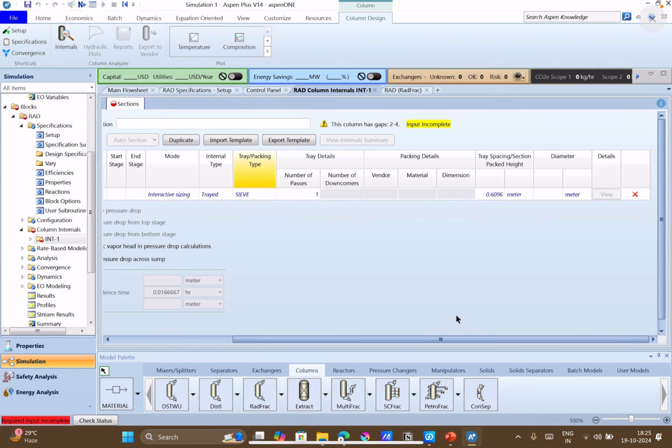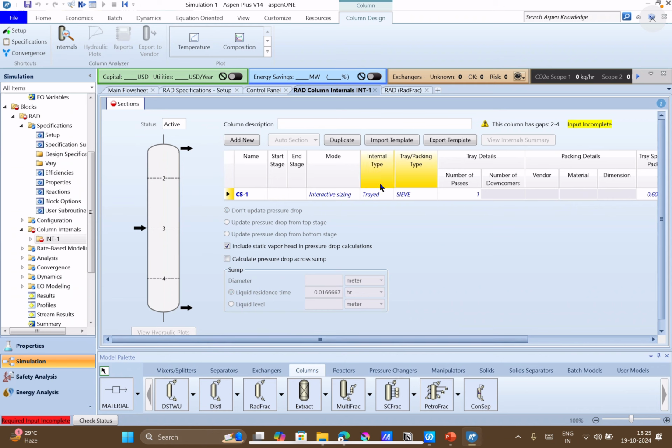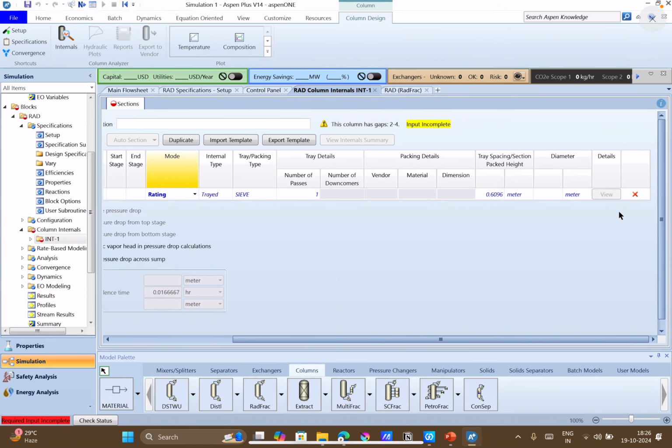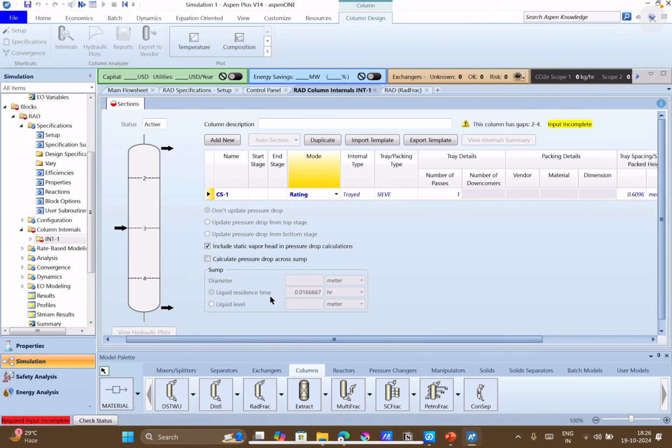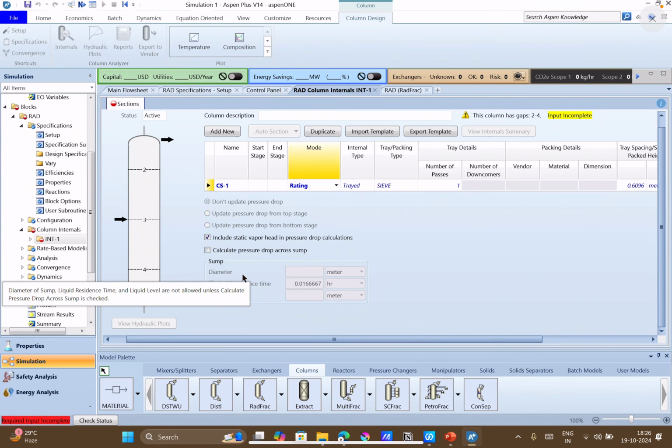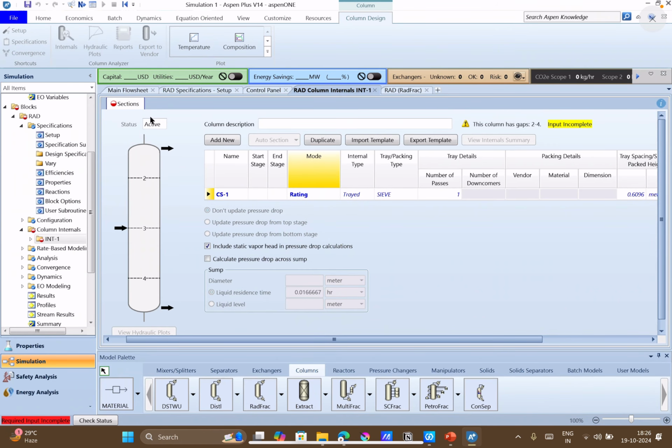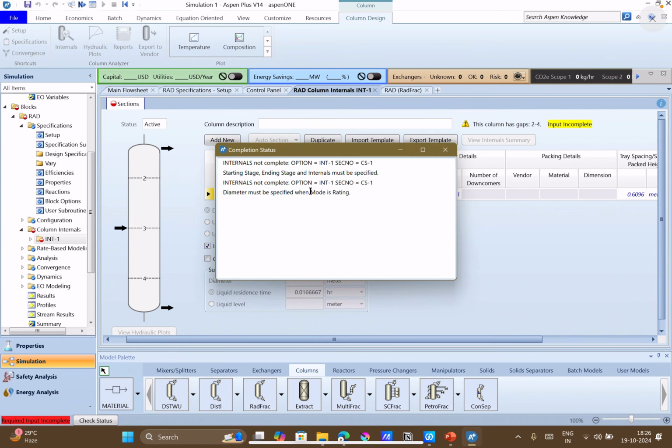And then tray diameter. In order to get the diameter, I think we have to change from interactive sizing to rating, and it should include static pressure drop calculation. What is remaining? Internal is not complete. Starting stage, ending stage, and internal must be specified.